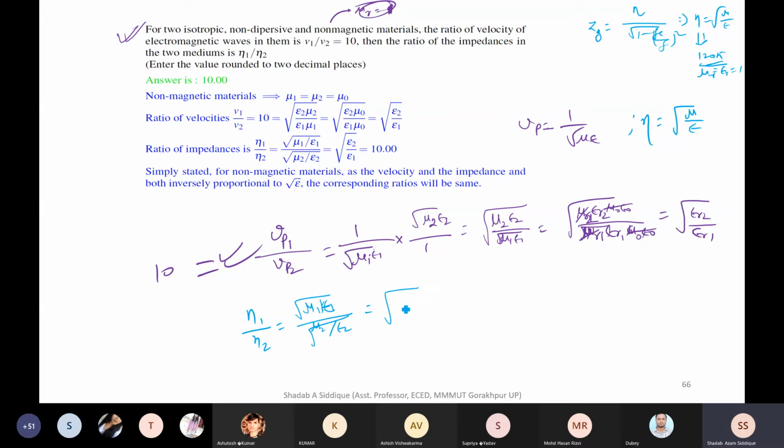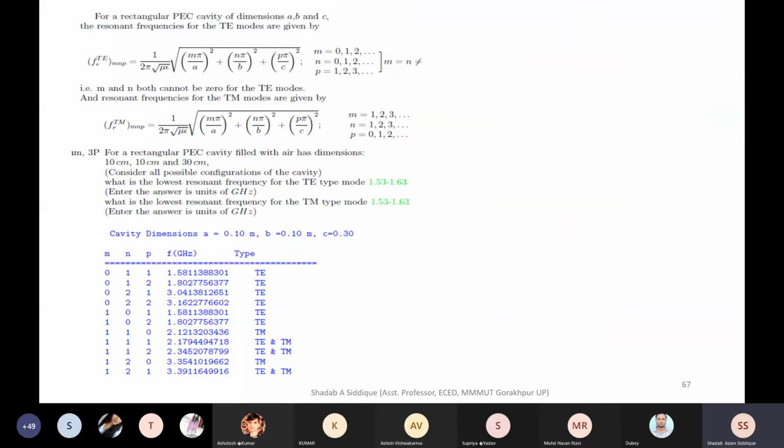So you will get 1 by epsilon r1 divided by 1 by epsilon r2, and that is nothing but epsilon r2 divided by epsilon r1. So that is 10, the same value. Because we know epsilon r2 by epsilon r1 is equal to 10, this ratio of impedance in the two media comes out to be 10.